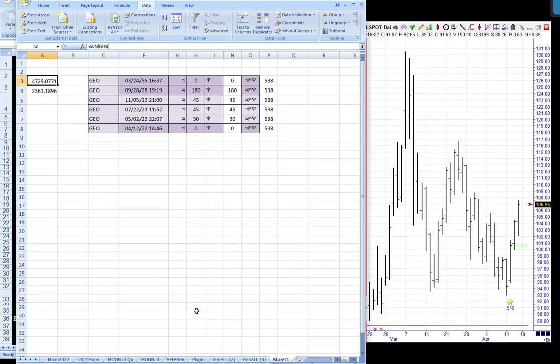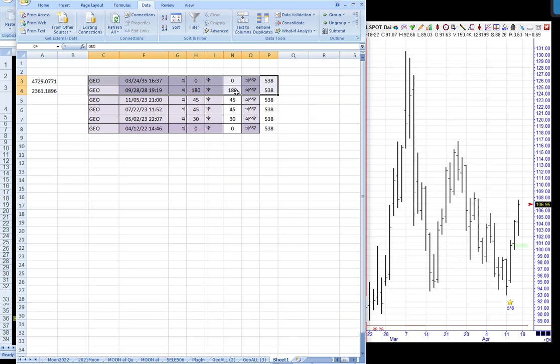Now these are online as well, but these are the actual Jupiter, Neptune. This was the April 12th, 2022, 30 degrees, 45, 45. And I plugged in these. I didn't have those in there, so I had to pull them up on the ephemeris. But this is a complete cycle, right?